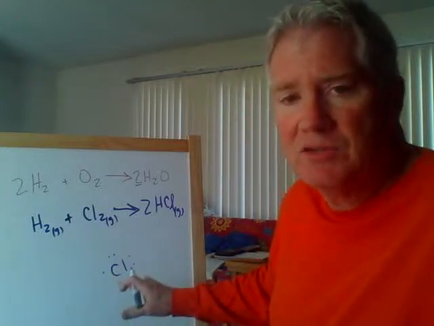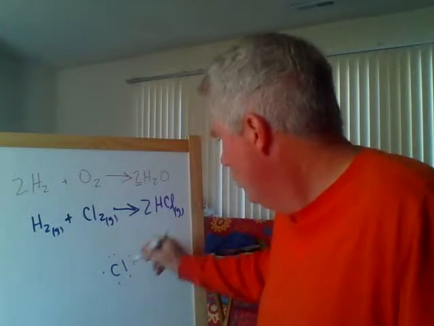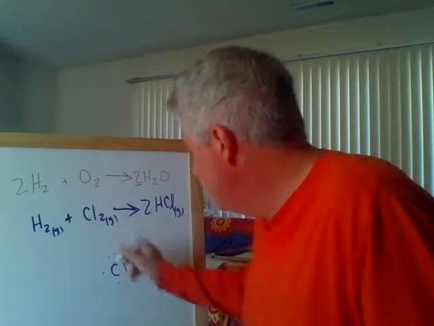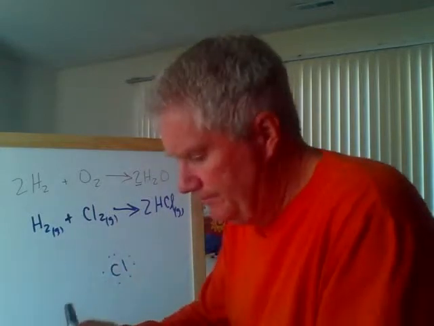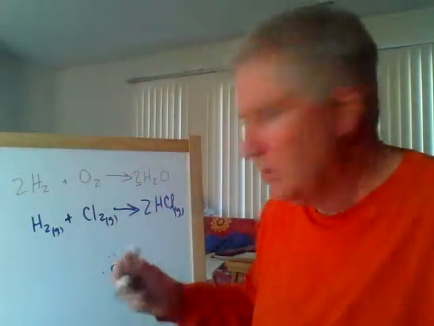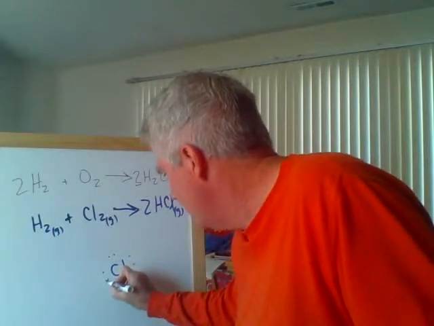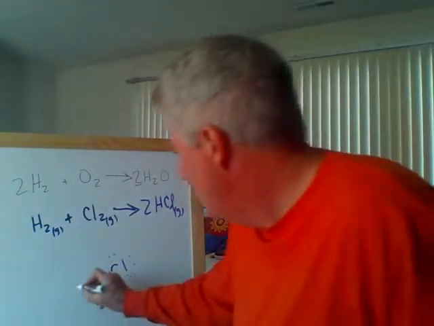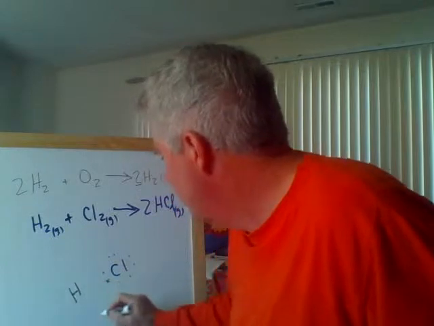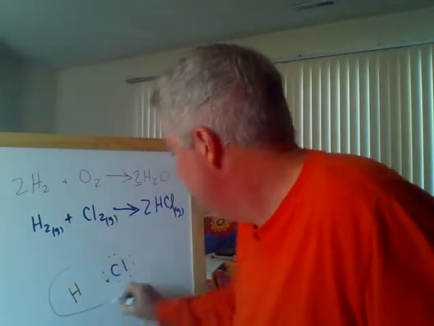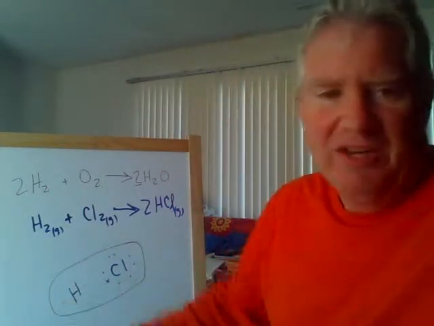So it has 7 to start with. But when it reacts with hydrogen this way, it picks up an extra electron here from the hydrogen. And the hydrogen is hanging out here, essentially bonded to the chlorine, but it's given up its electron.